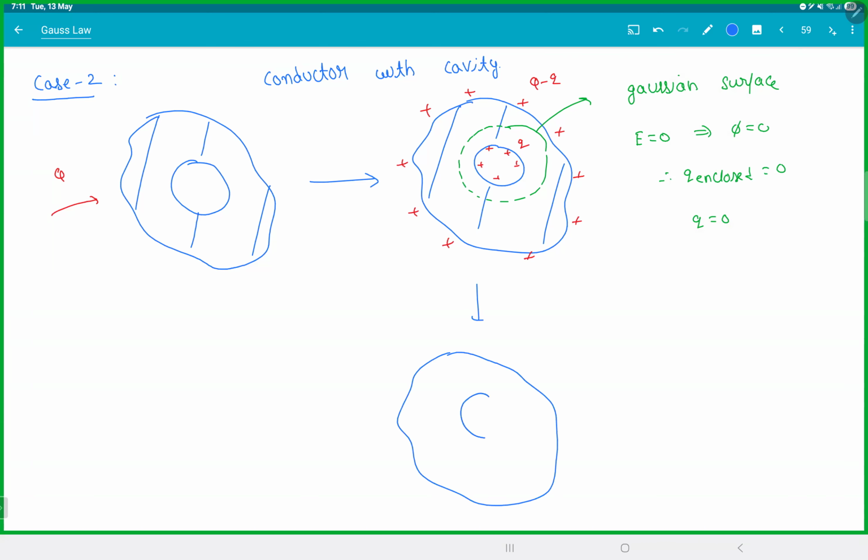So if you take a conductor and give a charge Q, all the charge will come to the surface. There will be no charge inside the cavity.